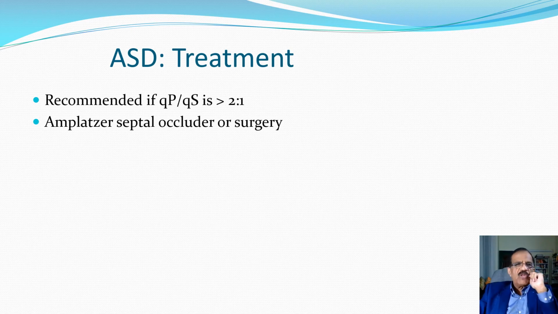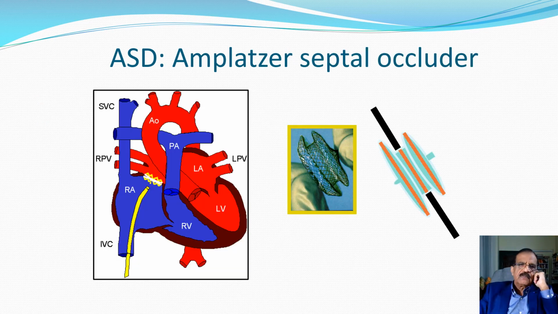Now let me show what this occluder is. This is done non-invasively. Not actually, no, the chest is not open. It is done through a catheter. Now this is the picture. Suppose this is the defect.